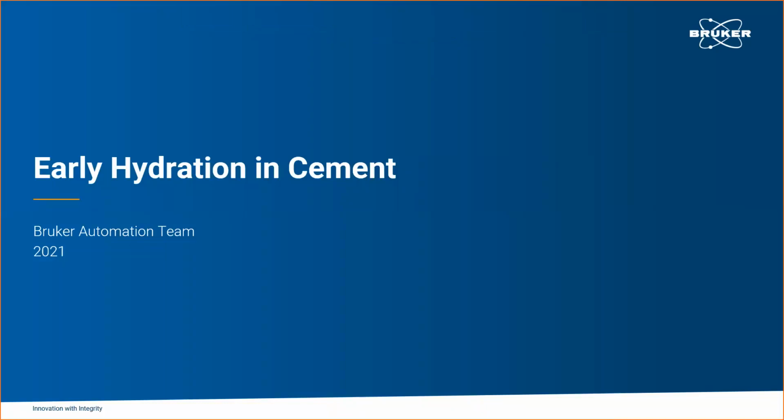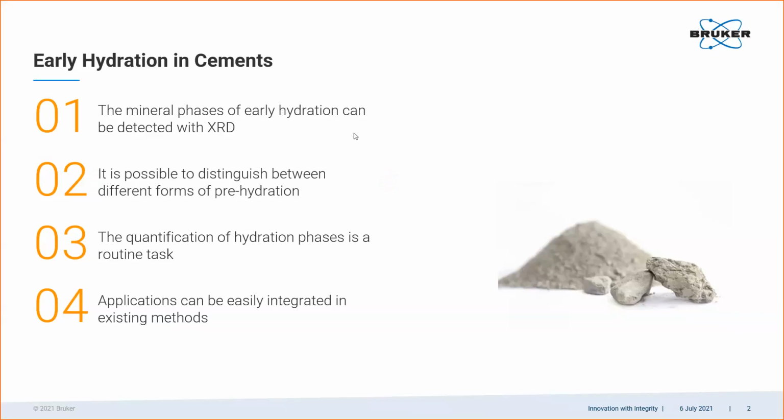There are a couple of areas in the whole cement production process where the properties of the materials are governed by the phase composition. So typically we think about clinker, the cement itself, or what's happening in the preheater. Today I would like to focus on early hydration. The mineral phases of early hydration can be easily detected by X-ray diffraction.